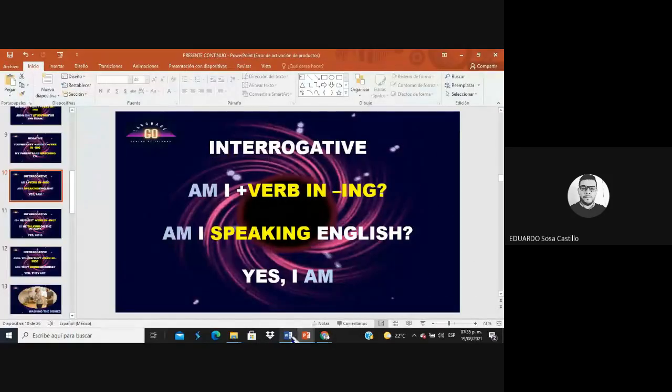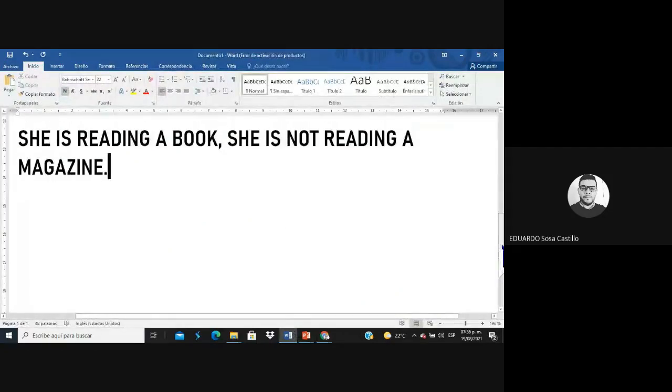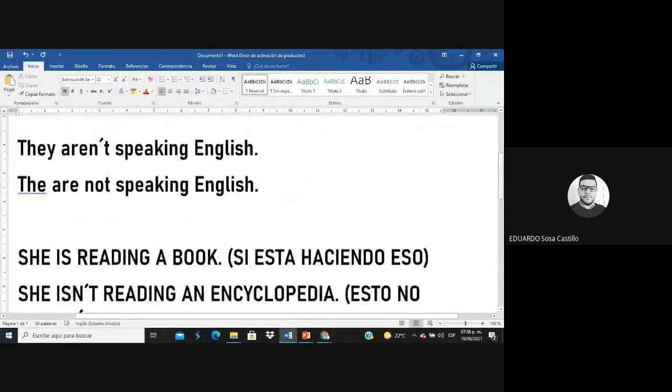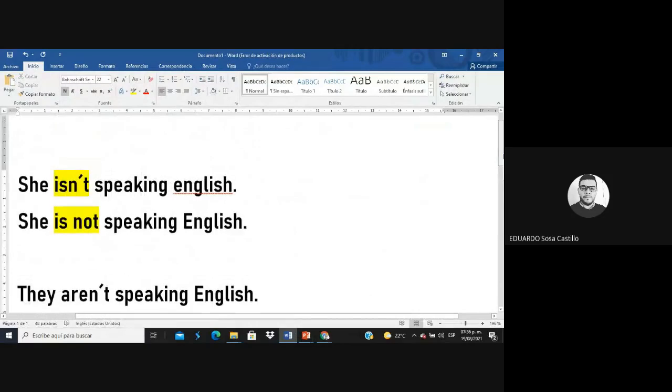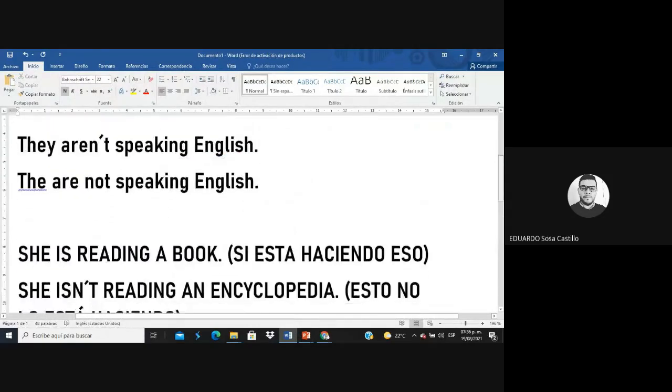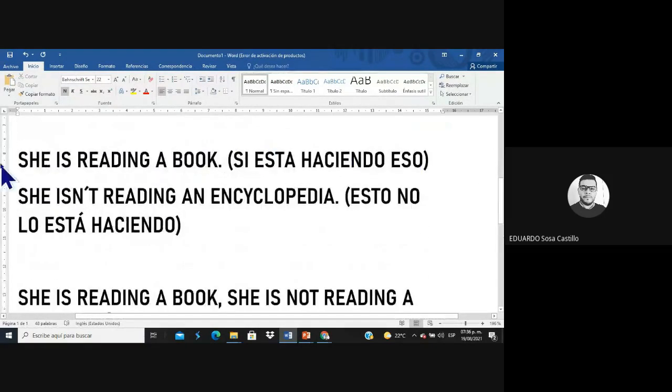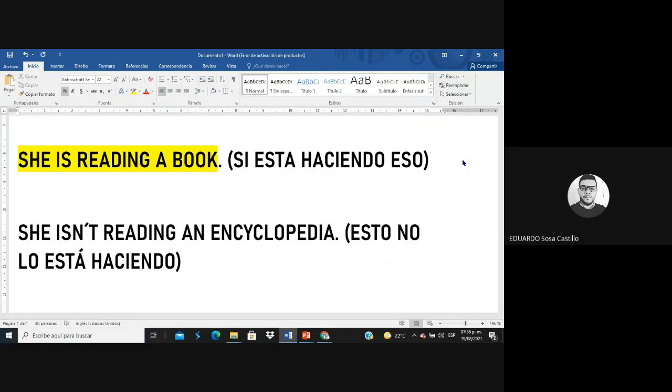For example, let's go back to the document, and we have here a sentence. Let's change this one, about the book. This is a sentence about what is happening. But if I want, I can change it to a question. So I have to change places. Look at this.